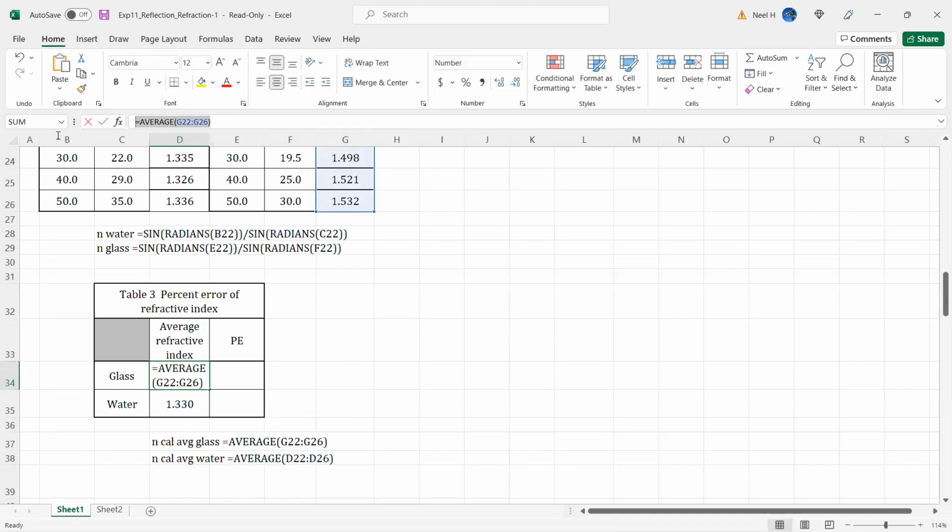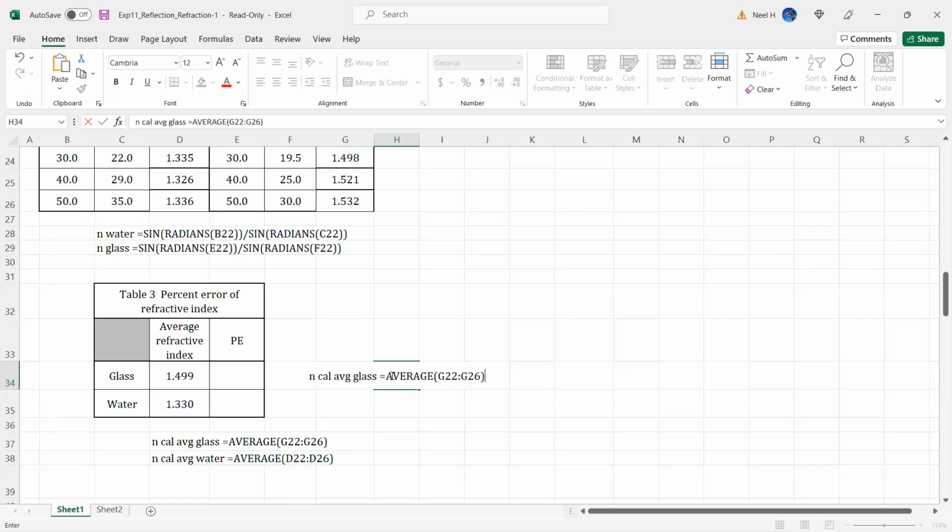You go here and then copy. And then before you paste it, click the escape button. Escape button on your keyboard, okay? Then you click anywhere you want to paste it. Then type whatever you want to type, CalAVG for glass. Then paste it.